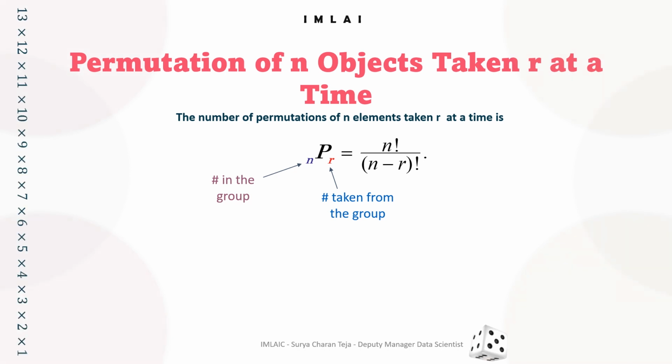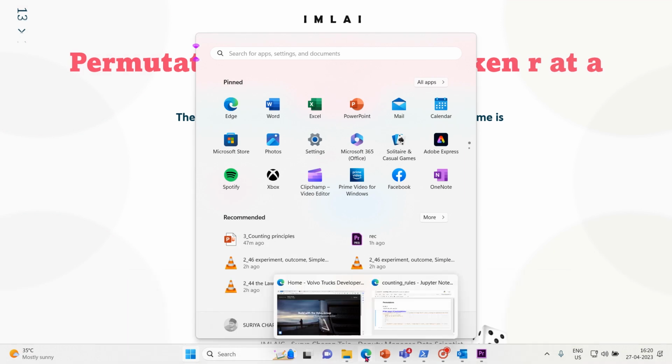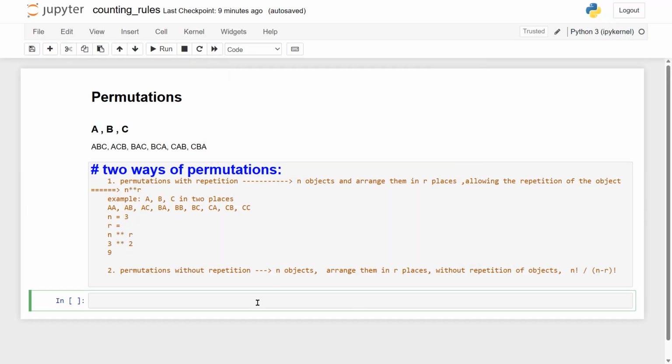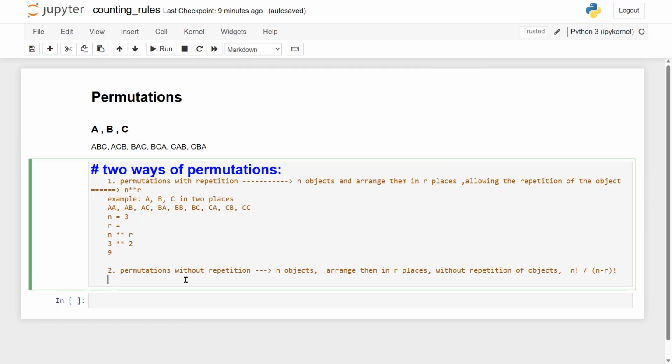For example, let's take the same thing, letters A, B, C, but this time in 2 places, without repetition.